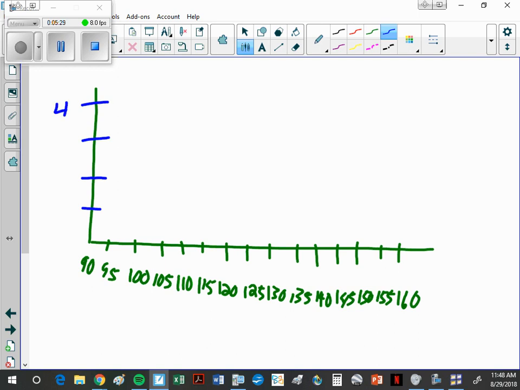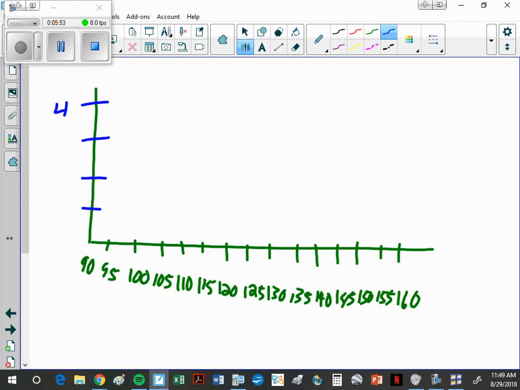Now if I put the top as 20, and this is really important that you understand this. If the top is 20, I'm okay graphing it that way because everybody has the same width. Does that make sense? But once the widths start varying, then you have to do this divide trick.